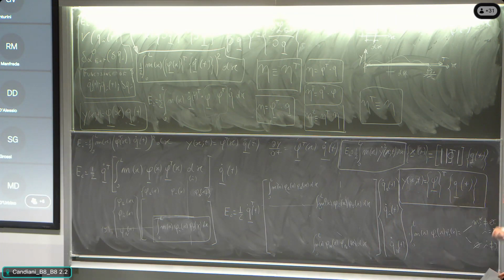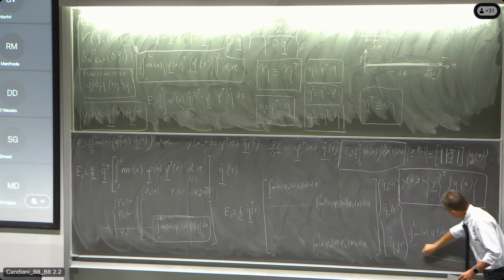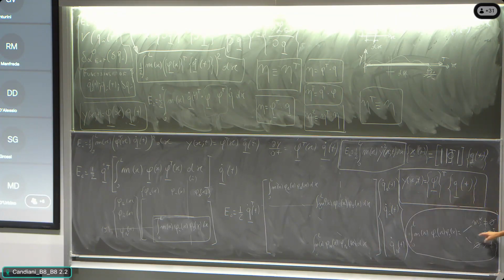All right? This is the orthogonality property, and this quantity is what we call the modal mass.